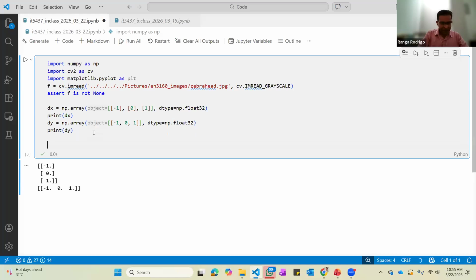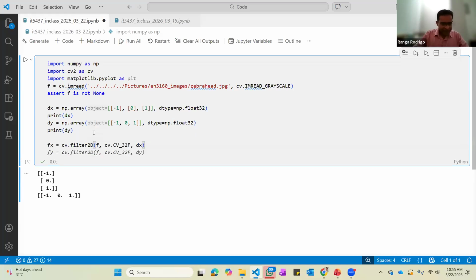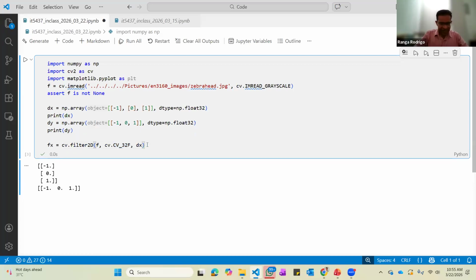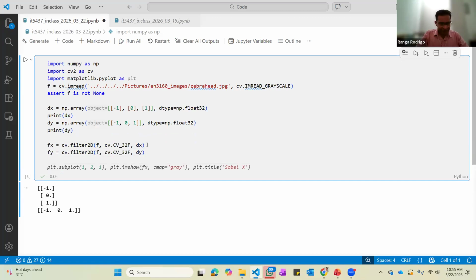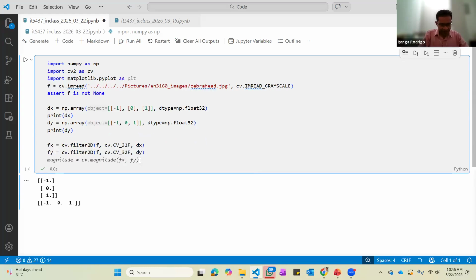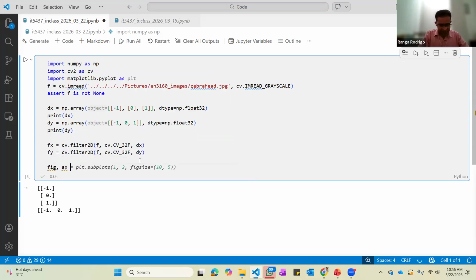Now to get fx, cv.filter2D, you can give the data type, and the kernel dx; fy is with dy, and then we can do subplots. I want fig, ax equals plt.subplots, and I want to have three of them.